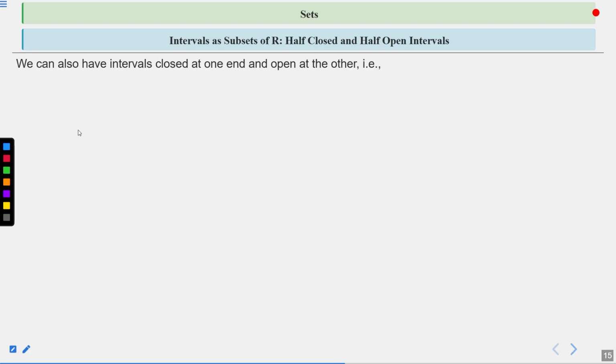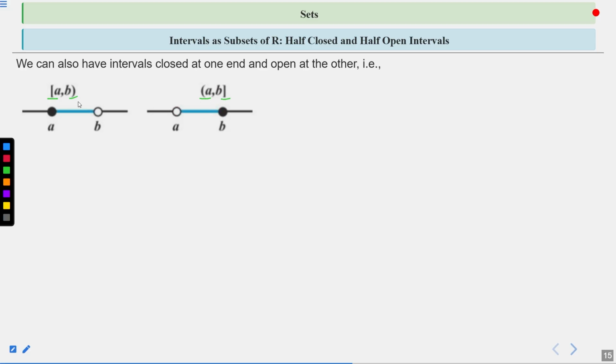Now, half-closed and half-open intervals. So we can also have intervals closed at one end and open at the other. For example, closed at the left side and open at the right side, and open at the left side and closed at the right side.